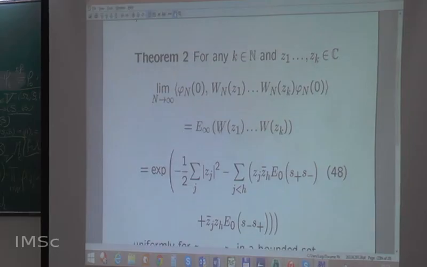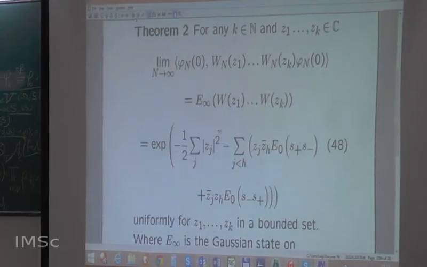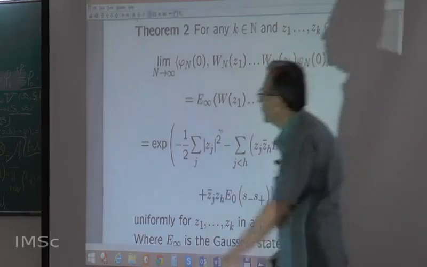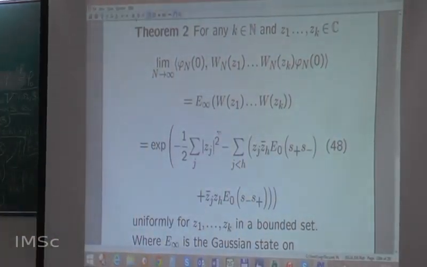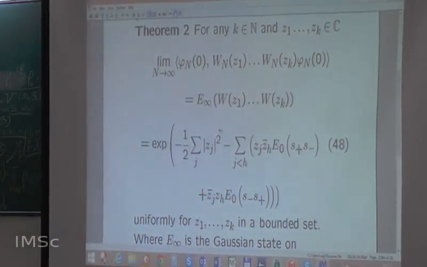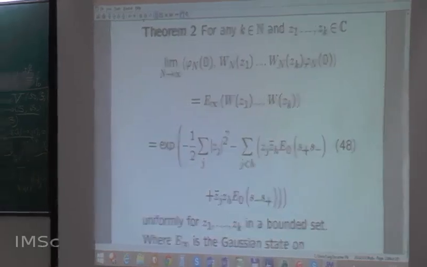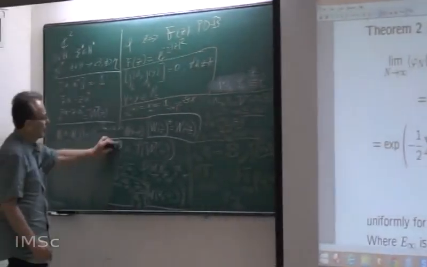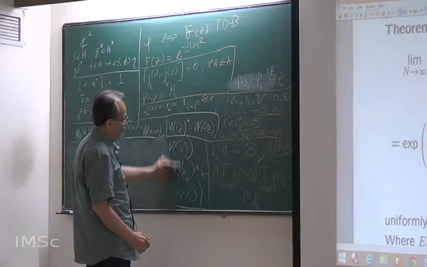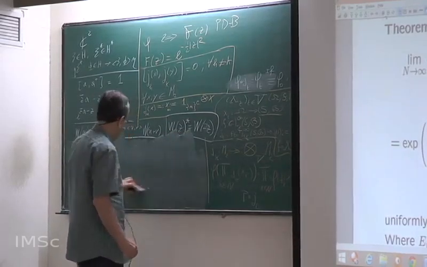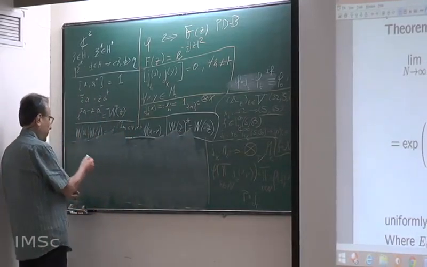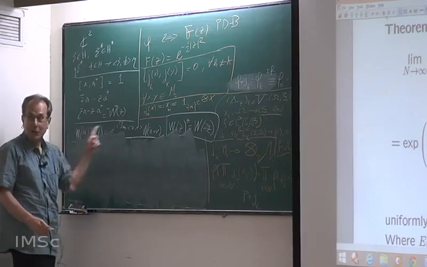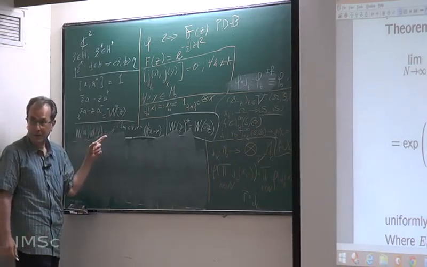Now I give you my main theorem. So you remember that the essence of Gaussianity was the quadratic form. Okay? And what is the intuition about Gaussianity? What is the fundamental point? Remember, the Weyl algebra is the linear span of this.